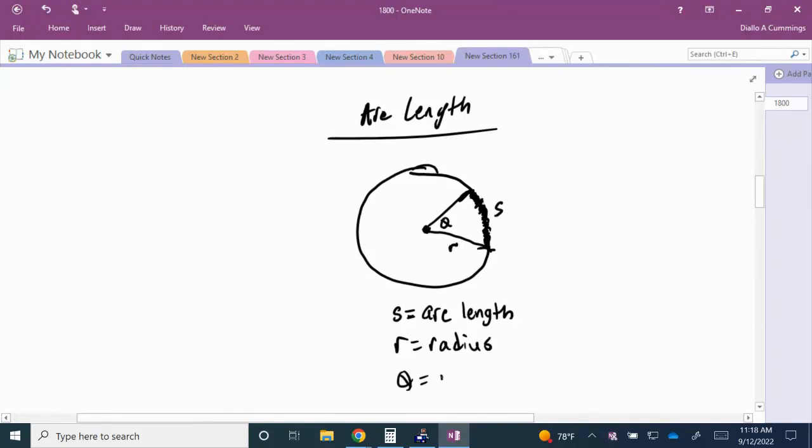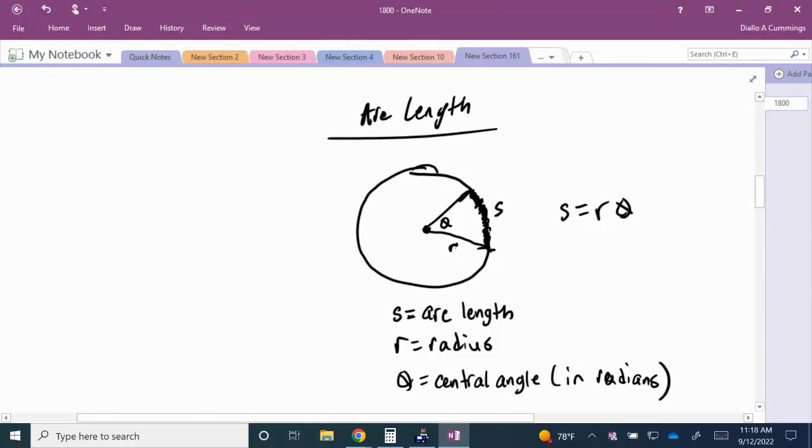And theta is called the central angle, but it has one stipulation: it must be in radians. So when you're using this formula, S is equal to R times theta, you want to make sure that theta is in radians.